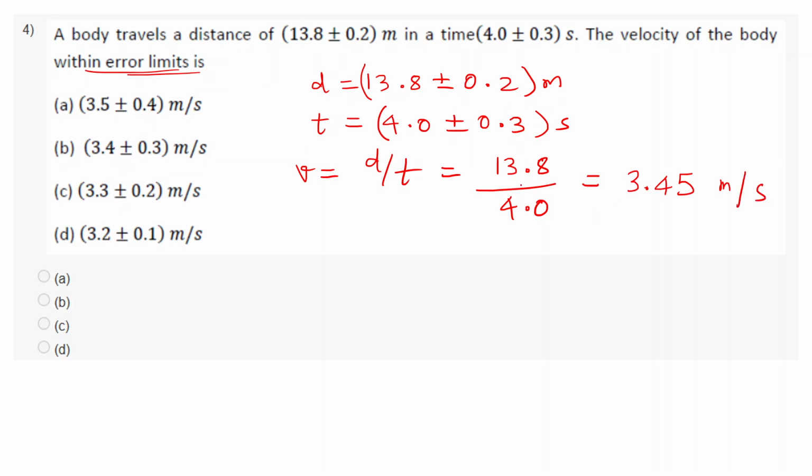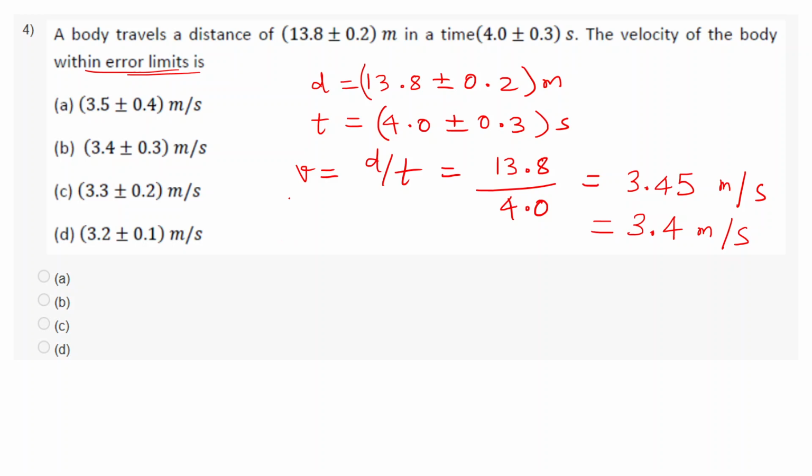But I think, if they have not asked anything, we can round it off to two significant figures, because this 4.0 is significant. So we have to keep two significant figures. This is 5 and this is an even number, so when I round it off, it will remain 3.4 meters per second.